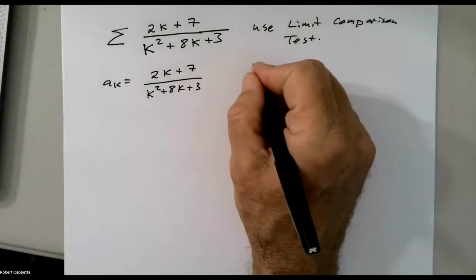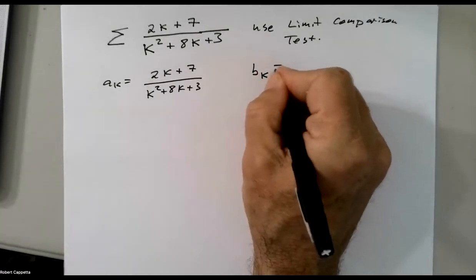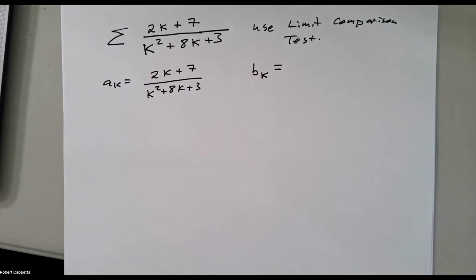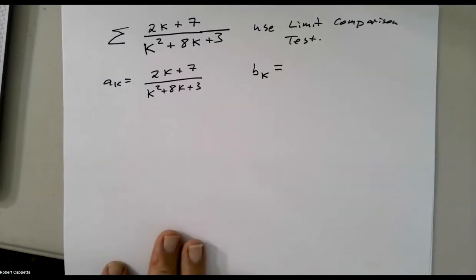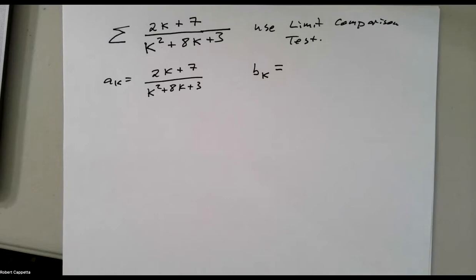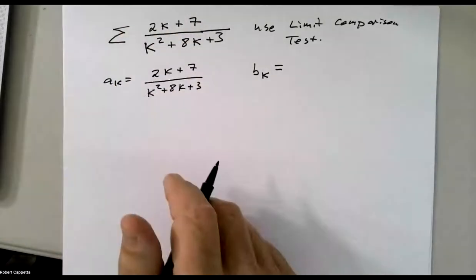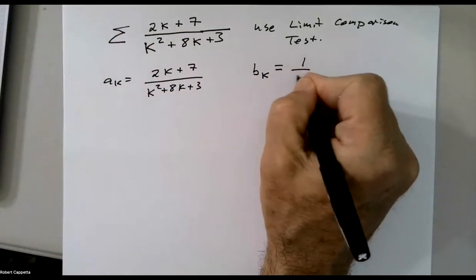What will b sub k be? What do we want to compare this to? What will be the best sequence to compare it to determine whether our given series converges? So what do you think about that? What would our best sequence be to compare this to? And I would say that the answer is, what is this behaving like? It's behaving like 1 over k.